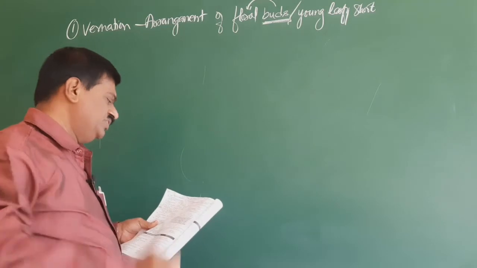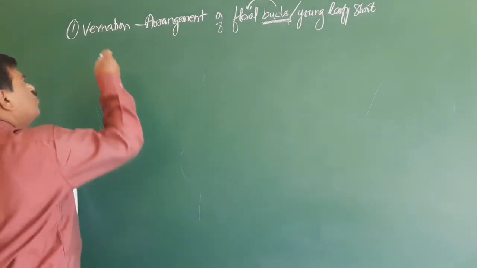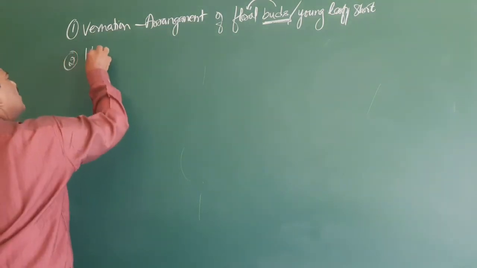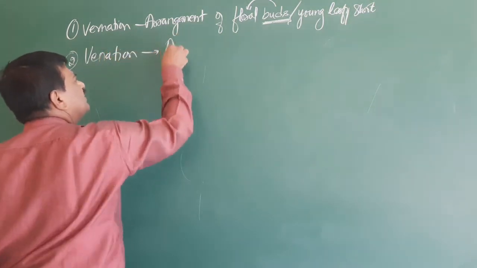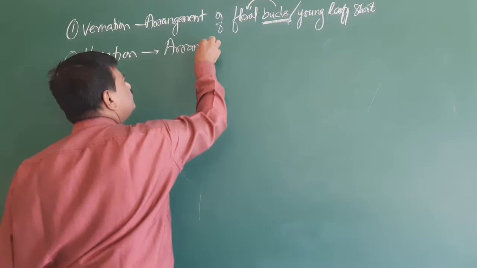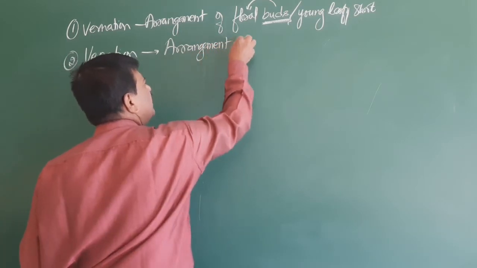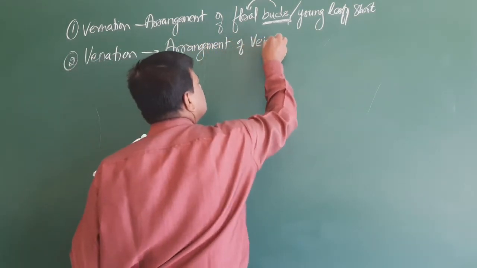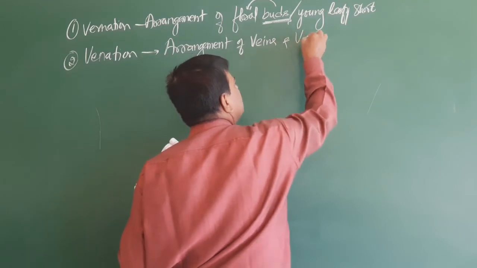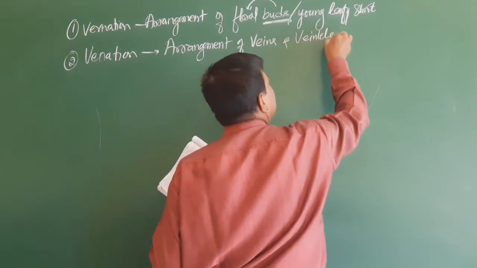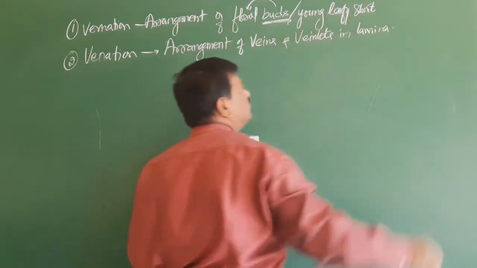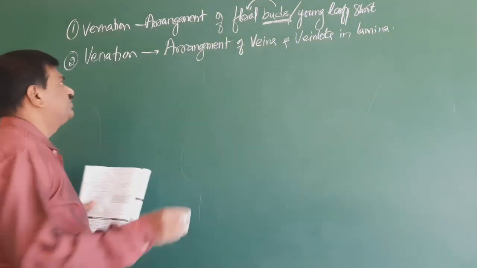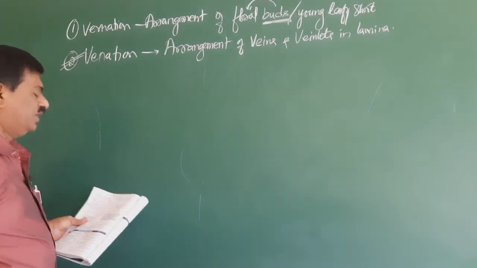The second one is venation. Venation is nothing but arrangement of veins and veinlets in leaf lamina. Here the second option is the right one.